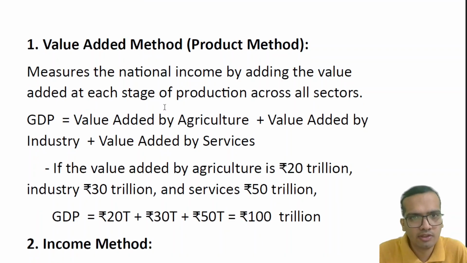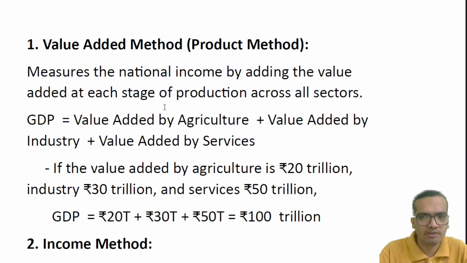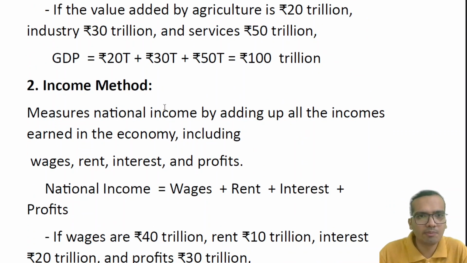So here comes our example. GDP equals value added by agriculture plus value added by industry plus value added by services. So if the value added by agriculture is 20 trillion, industry is 30 trillion and services is 50 trillion, GDP would be 100 trillion. Then comes the income method.